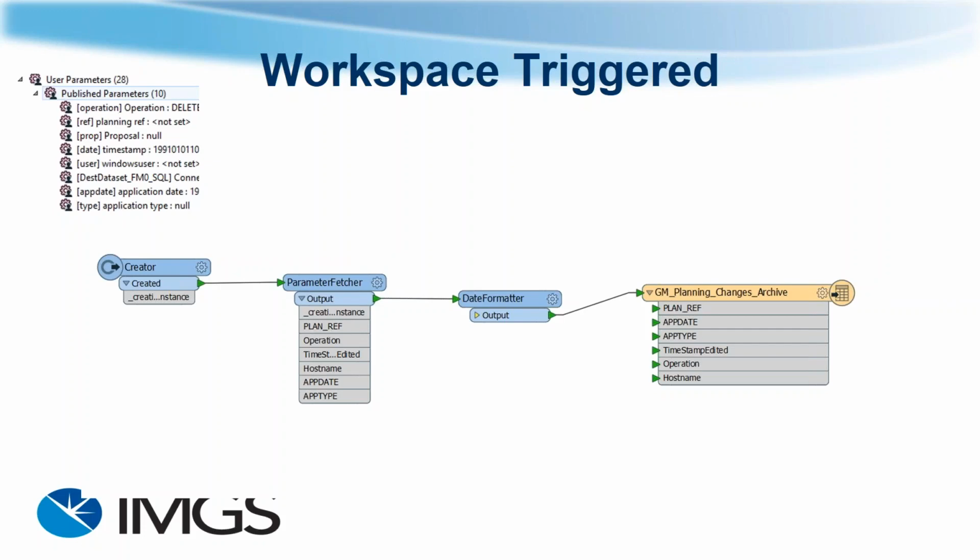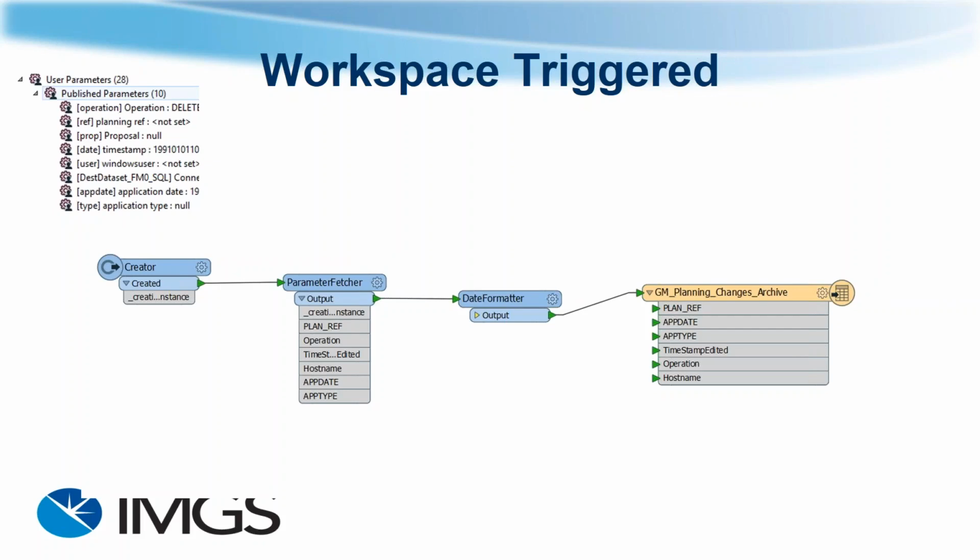So Lauren, all the parameters that you want to use in your workspace are published. Correct. And it's the trigger that is sending that information into the workspace. 100% correct. So whatever you need to report on, you have created a published parameter out of it, so you can then use it. Okay, that's exactly it.